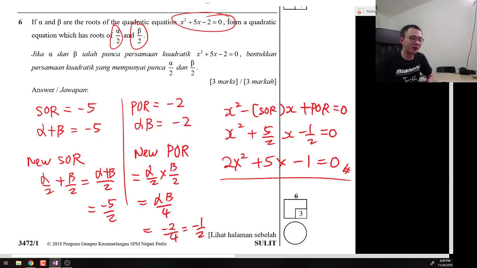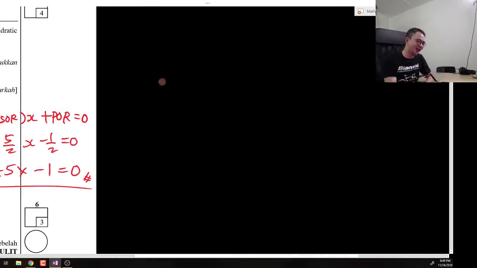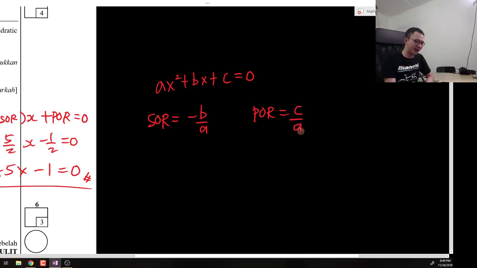Please explain more why negative 5. Yeah, just in case you have zero knowledge here. You should have an equation ax squared plus bx plus c equals 0. If I want to find the sum of roots, the formula is negative b over a. For the product of roots, the formula is c over a.